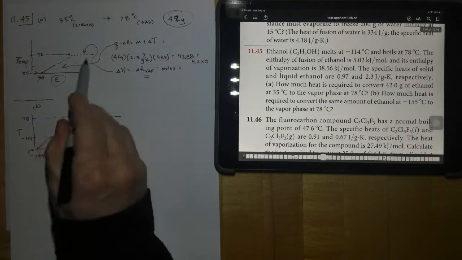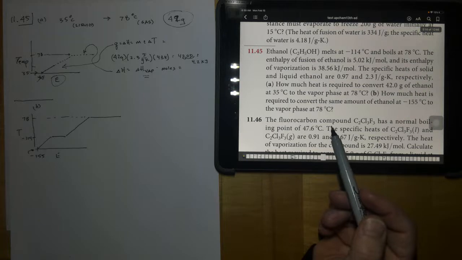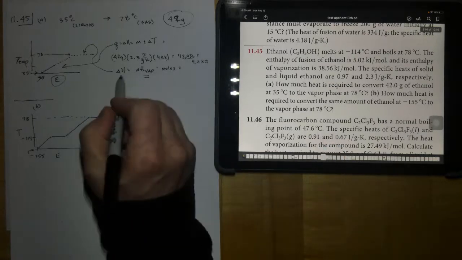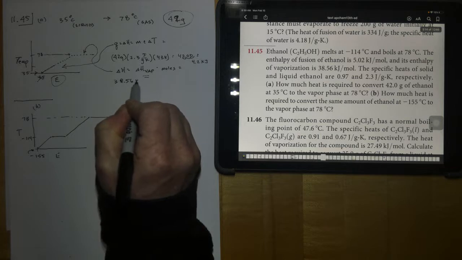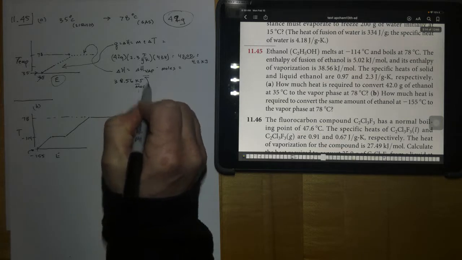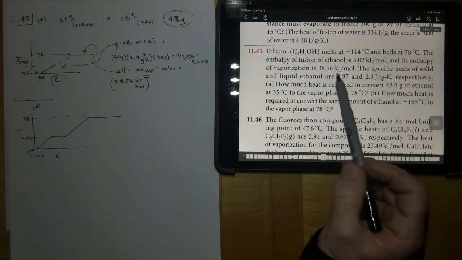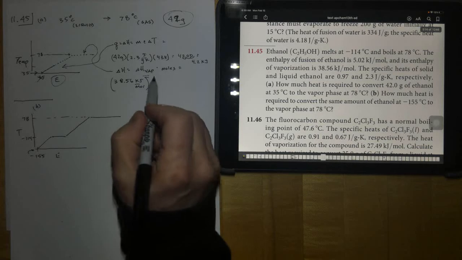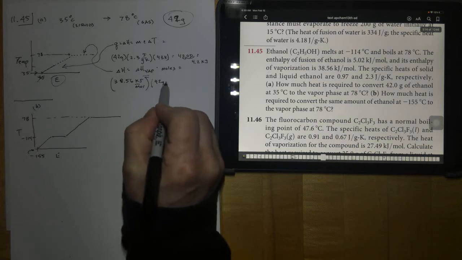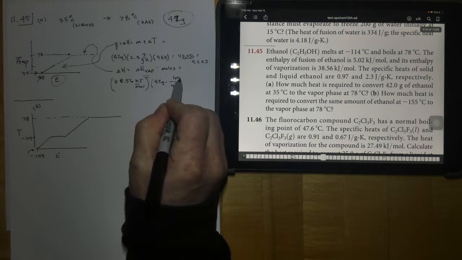Now when it boils right here, we're going to take our enthalpy of vaporization, which is 38.56 kilojoules per mole, and multiply it by the number of moles we have. We have 42 grams, and there are 46 grams in 1 mole on the periodic table.